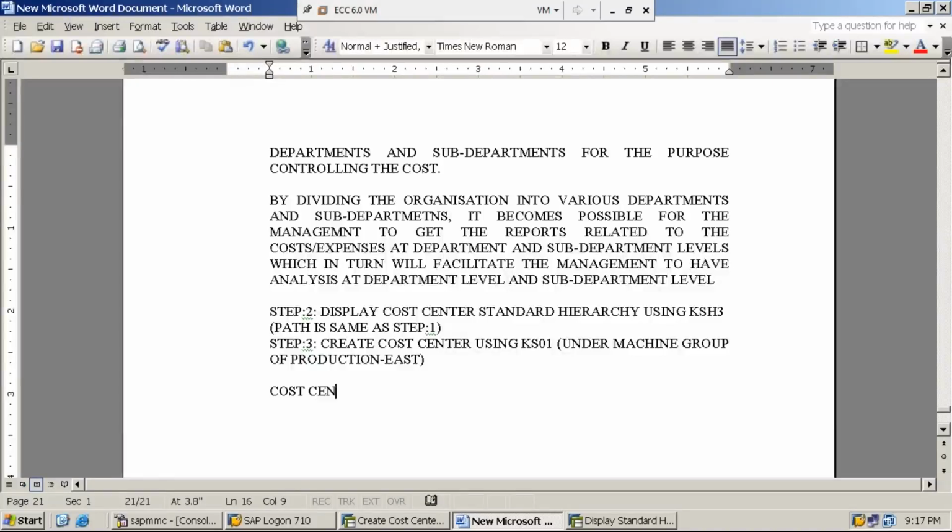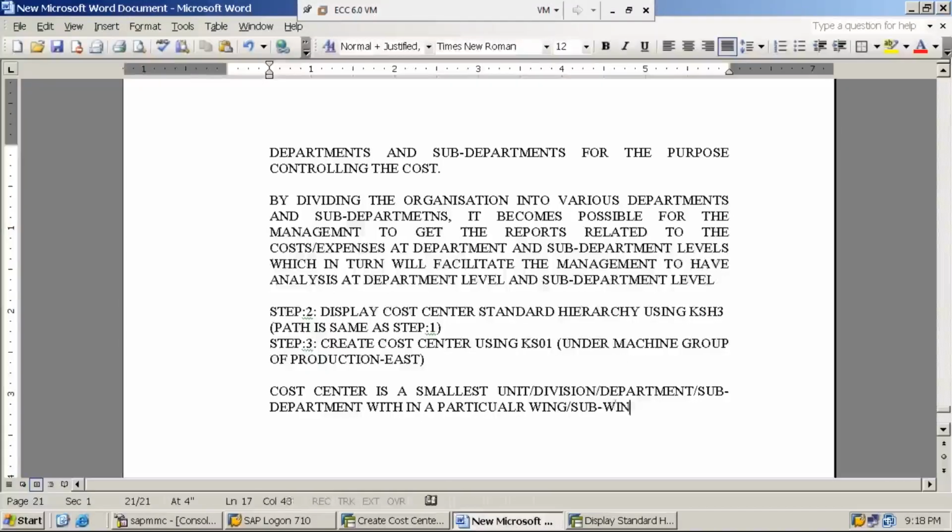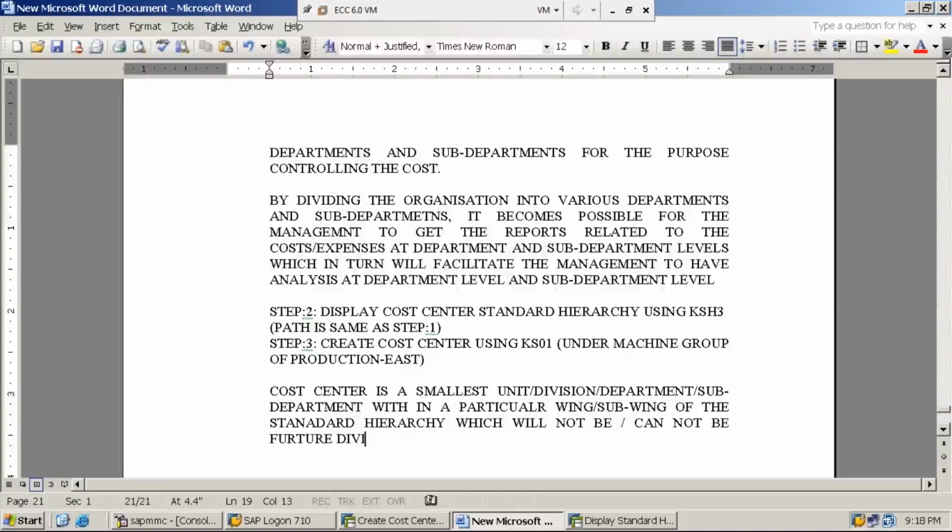A cost center is the smallest unit, division, or department, whatever you can say, or subdepartment within a particular wing or subwing of the standard hierarchy, which will not be further divided into divisions or subdivisions.